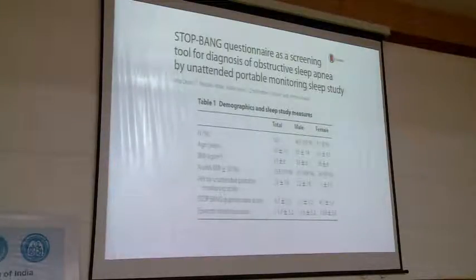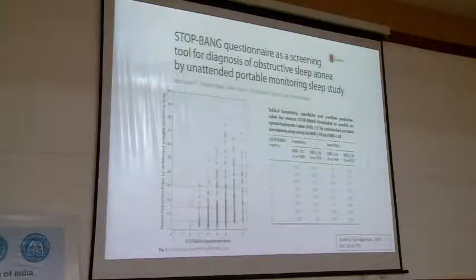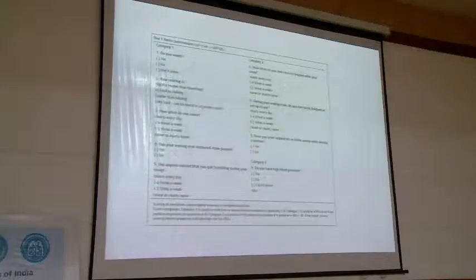So this is the STOP-Bang questionnaire as a screening tool for the diagnosis of OSA by unattended portable monitoring sleep study. They have done certain studies, and according to that they found that if your STOP-Bang score increases, then the specificity of the home sleep study increases. Then another is a little bit complicated, the modified Berlin questionnaire, with categories 1, 2 and 3. According to that you have to predict whether this patient has sleep apnea or not.